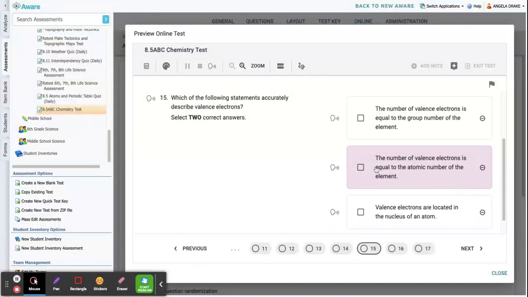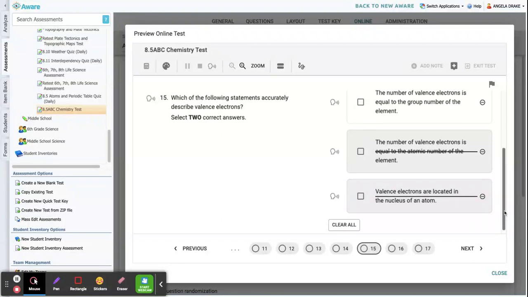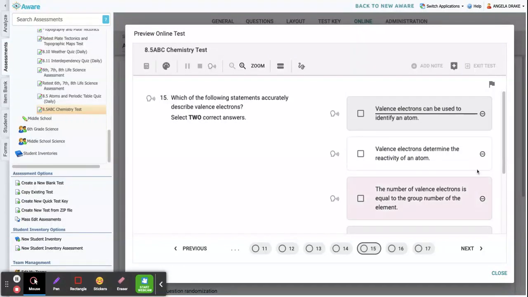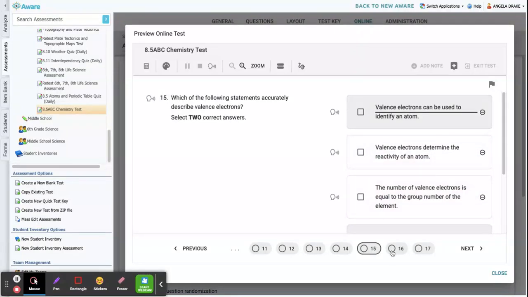The number of valence electrons is equal to the atomic number. No. Valence electrons are located in the nucleus. No. So those are definite no's. We know that they tell you the group number, but for 13 through 18, we have to subtract 10 or look for the number with the A next to it. So these are our best answer choices here.